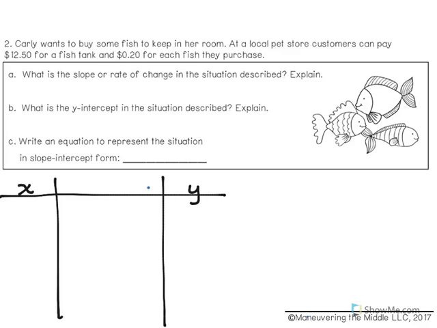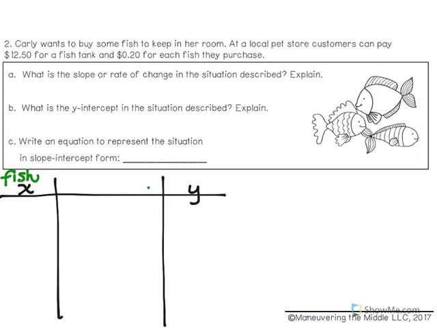I am talking about a fish tank and the money for the fish tank, and I'm talking about how much each fish costs. So what I notice is that what's not changing in the problem is the fish. Because you can purchase one fish, two fish, no fish. The fish are not changing. So the fish is going to be my x-axis. How many fish I buy. How much each fish is.